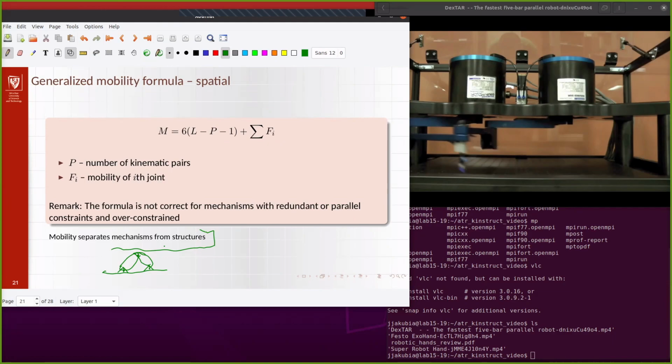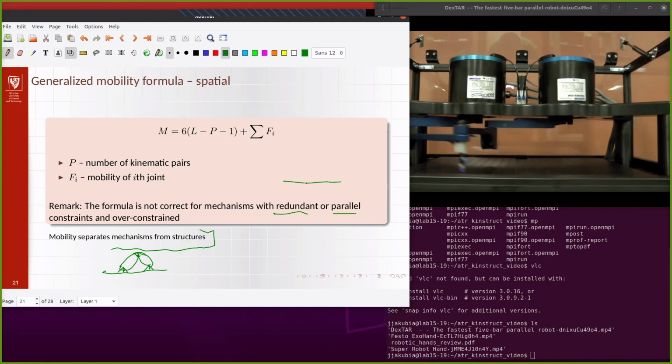So to get mobility, you need to have this formula fulfilled, but it may happen that for specific conditions, the formula will not give us a proper answer for the number of degrees of freedom, especially when we have so-called redundant or parallel constraints.